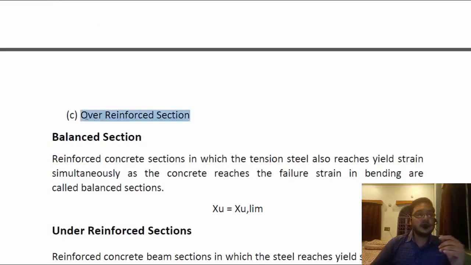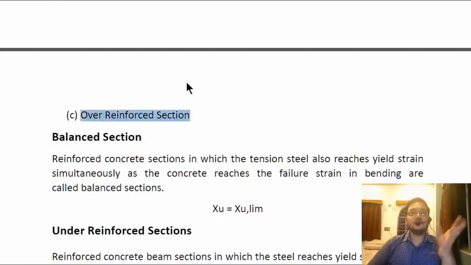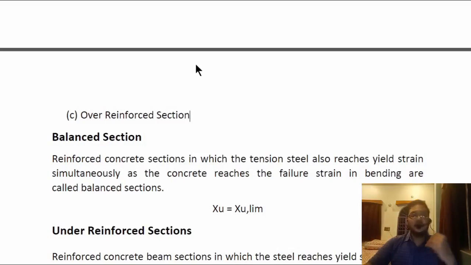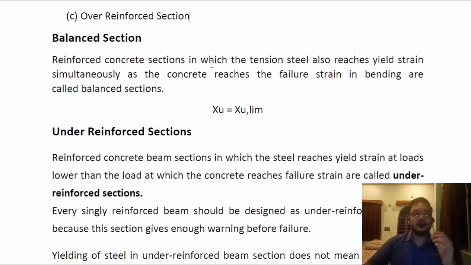The other one is the over reinforced section, where the amount of reinforcement is more than required, that is, the RCC will be very good in tension as compared to compression.